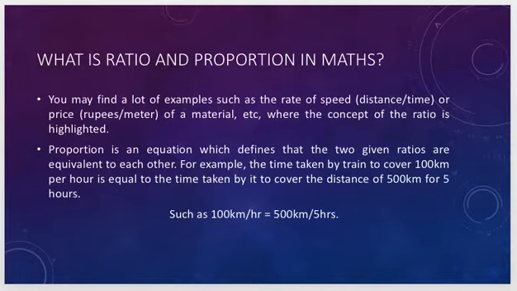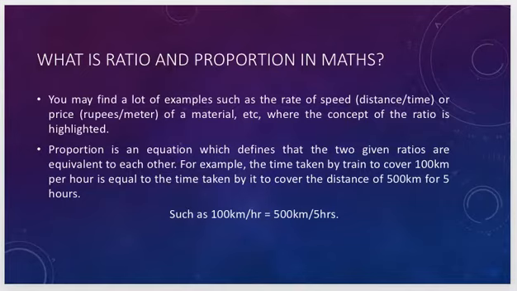For example, the time taken by a train to cover 100 km per hour is equal to the time taken by it to cover the distance of 500 kilometers in 5 hours. So we can write down 500 kmph is equal to 100 kmph is equal to 500 by 5 hours.